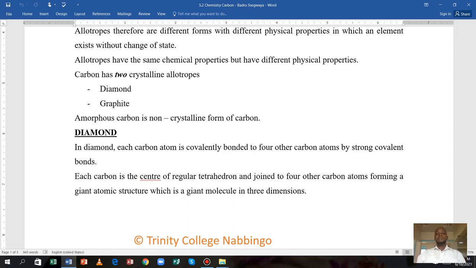Because each carbon atom is bonded to 4 other carbon atoms, it implies that all the 4 electrons in the outermost shell of carbon are used for bonding. This implies, therefore, diamond lacks free or mobile electrons, the reason why it is a non-conductor of electricity.